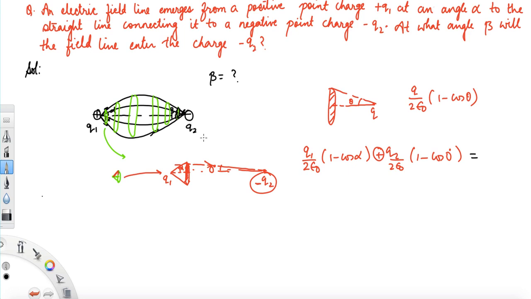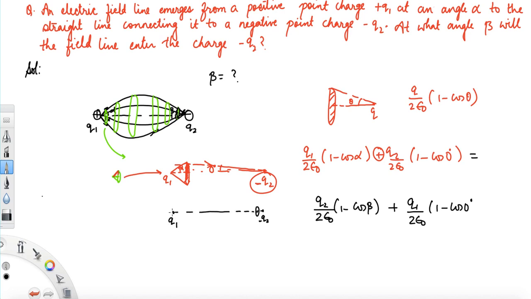Take a cross section very close to q2. Then in a similar fashion, it will be q2 over 2 epsilon naught times 1 minus cos of beta in place of theta, plus q1 over 2 epsilon naught times 1 minus cos of, again, 0 degrees, because if we consider a cross section very close to q2, q1 is far away, so this angle is going to be nearly 0 degrees, and this angle, by the way, is beta.